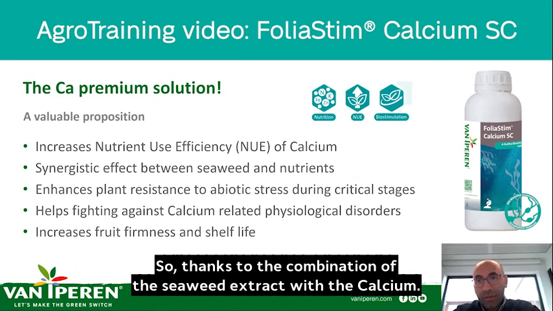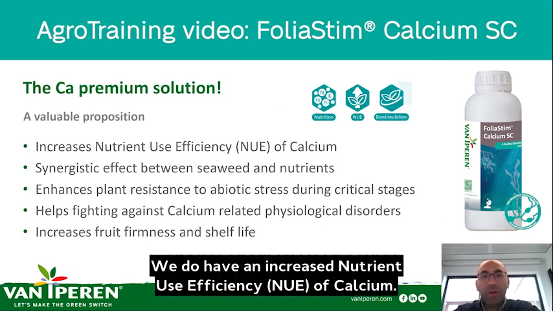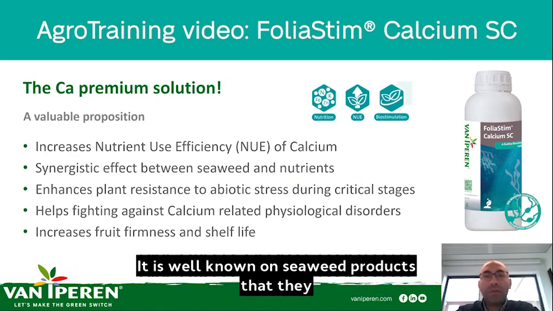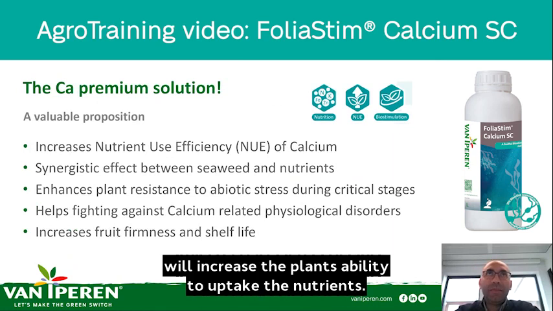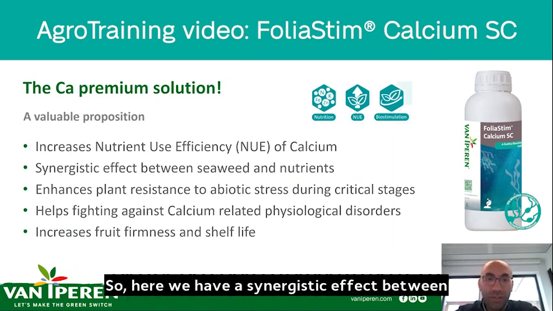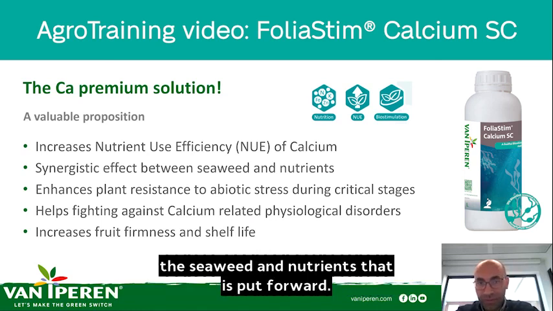Thanks to the combination of the seaweed extract with the calcium, we have an increased nutrient use efficiency of calcium. It is well known that seaweed products increase the plant's ability to uptake nutrients. So here we have a synergistic effect between the seaweed and the nutrients.